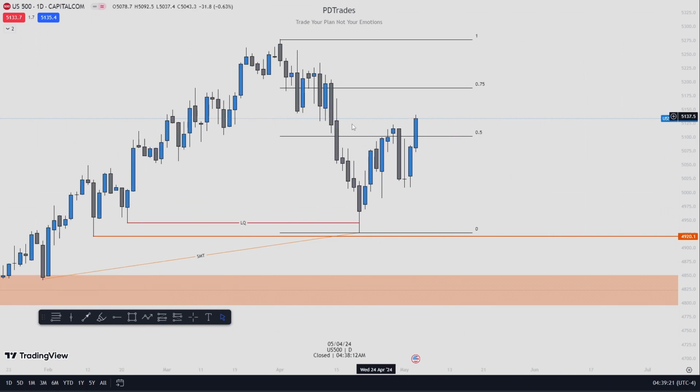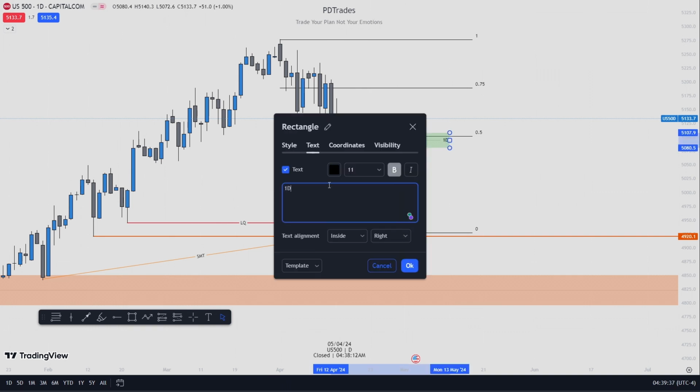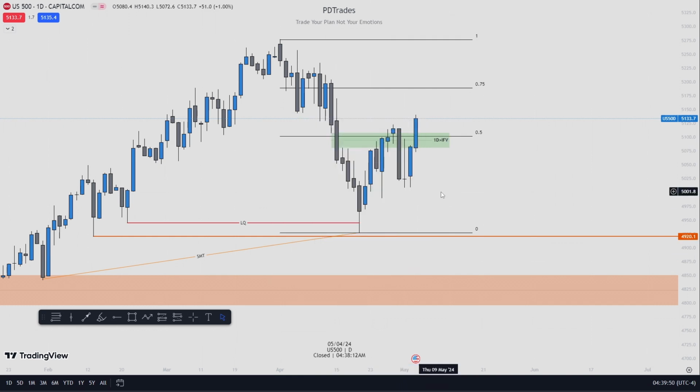So price might, if it doesn't want to reverse here, it might want to use this fair value as an inversion fair value gap. So price might want to reject a lot if it really still wants to push to the premium side of the market.